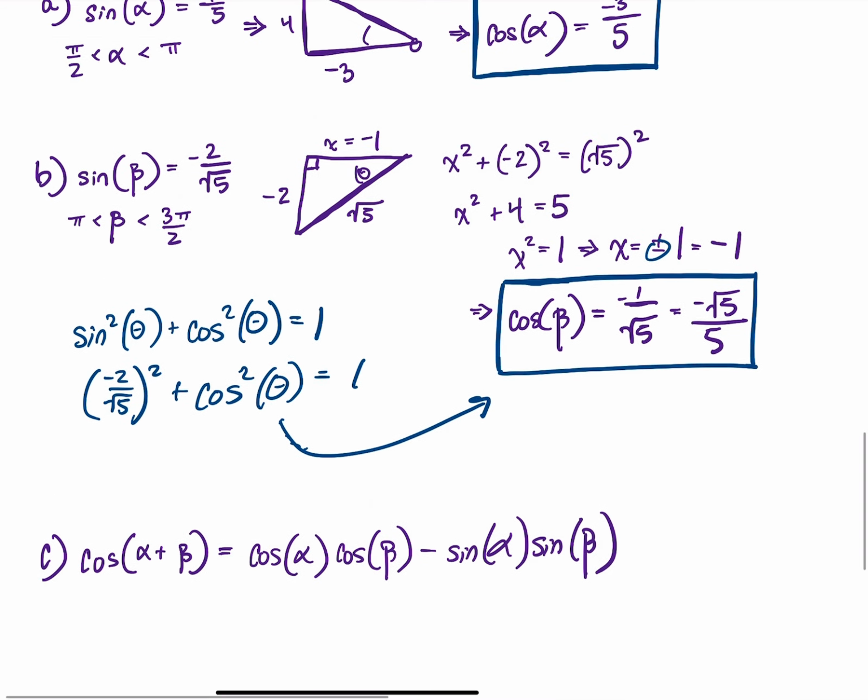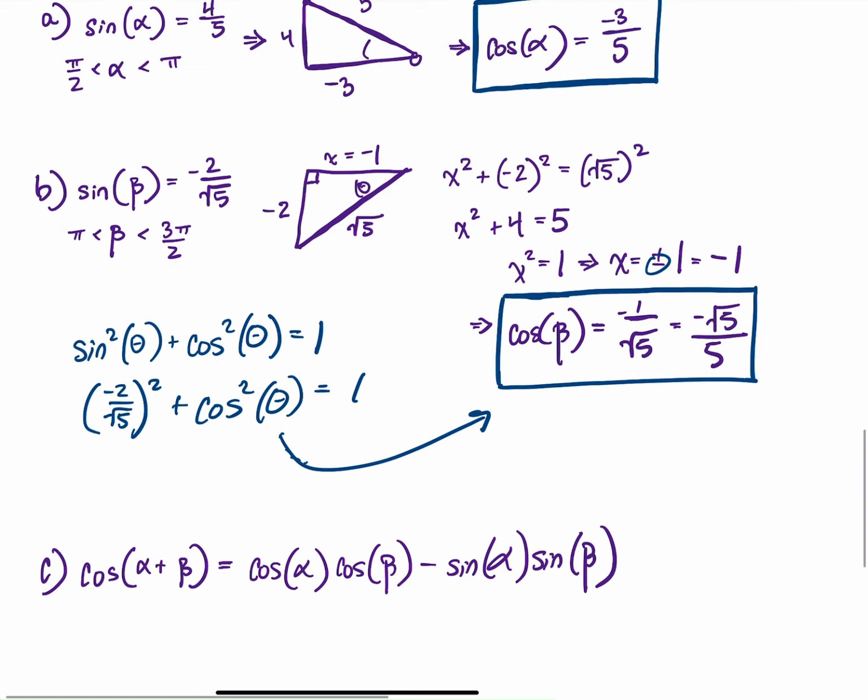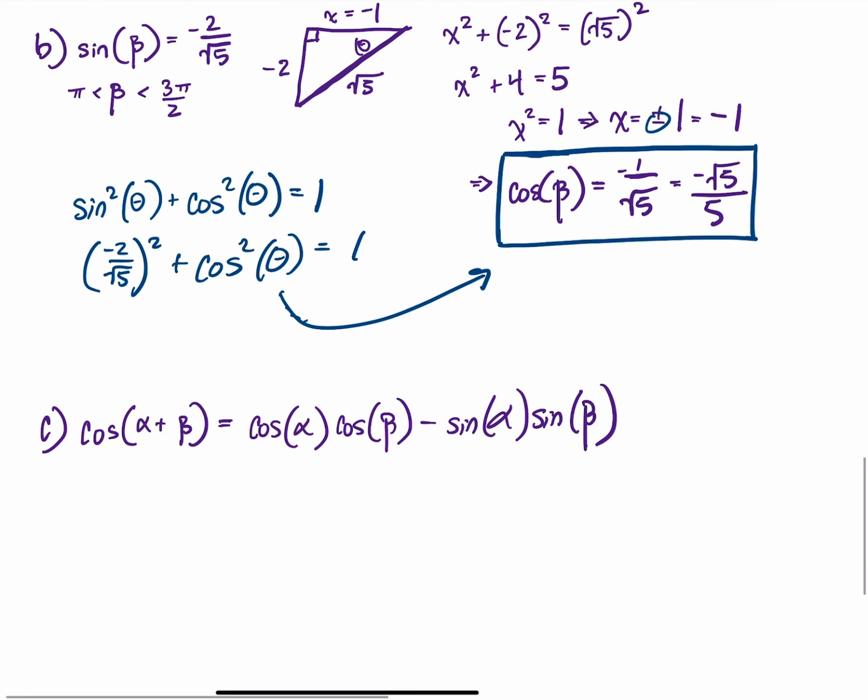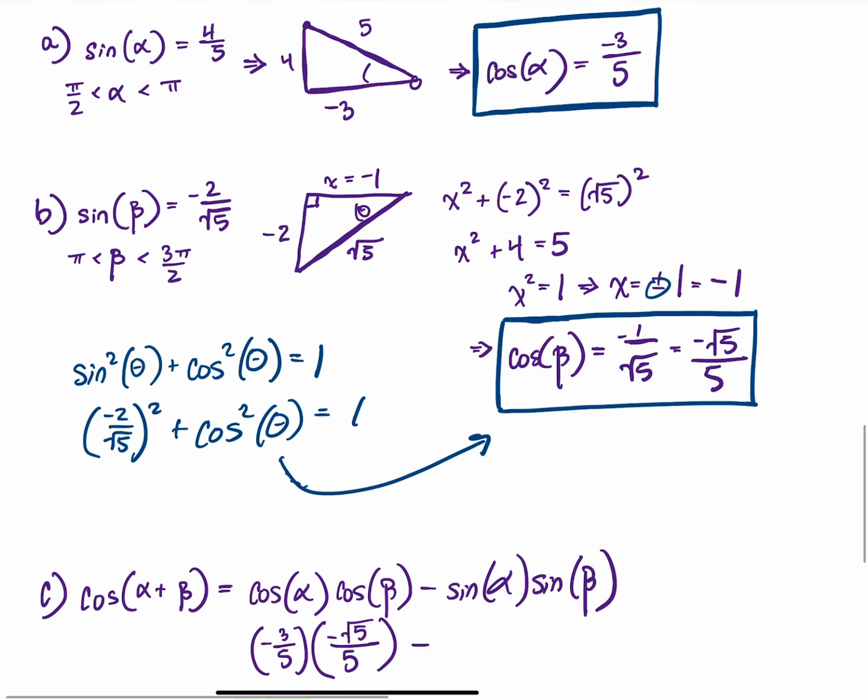The cosine of alpha we said was negative 3 over 5. So I'll fill these in first and then I'll scroll down. The cosine of beta we just found was negative root 5 over 5. The sine of alpha was 4 over 5.